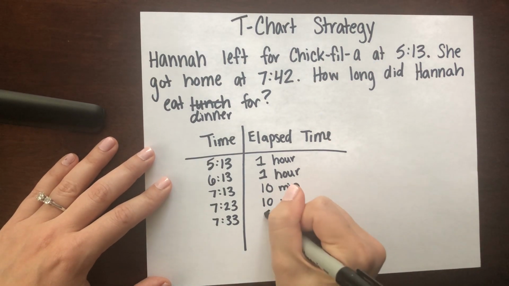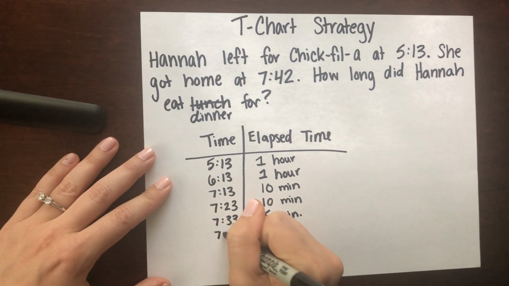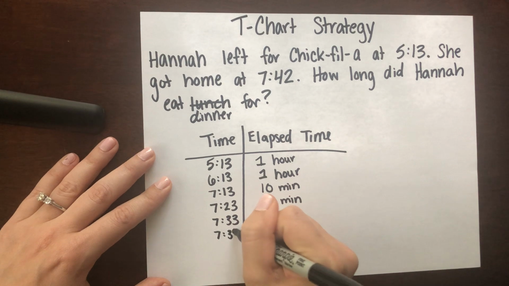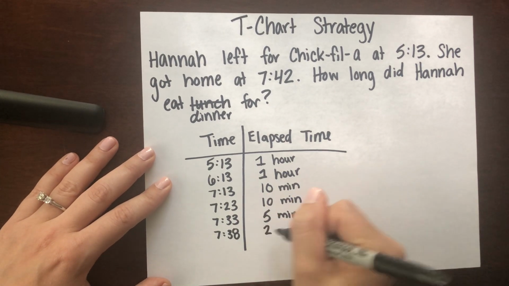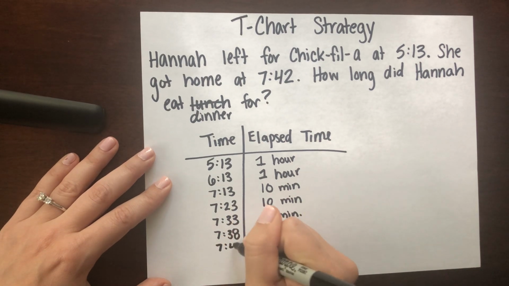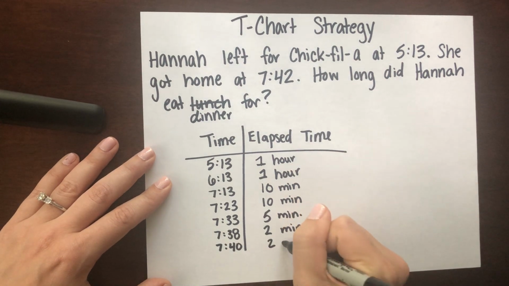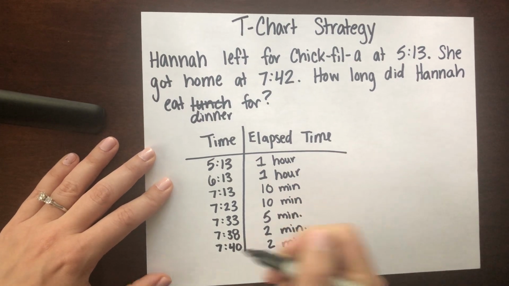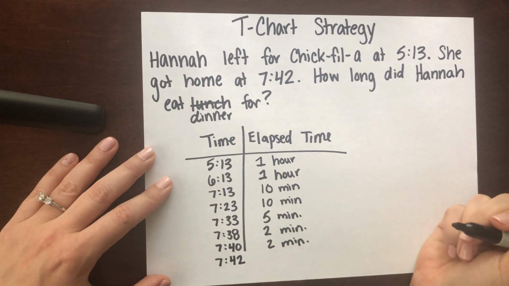So I'm going to do 5 minutes to get me to 7:38. I'm going to do 2 minutes to get me to 7:40. And our last 2 minutes to get to our ending time, 7:42.